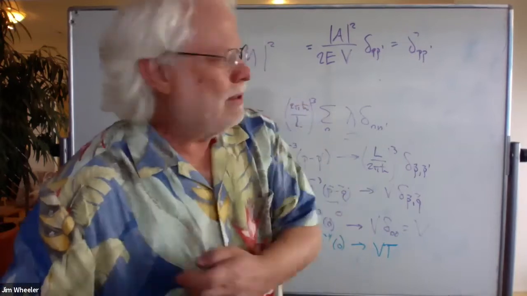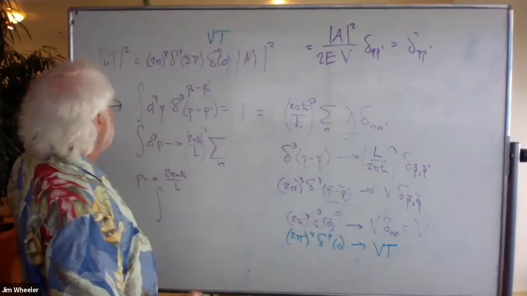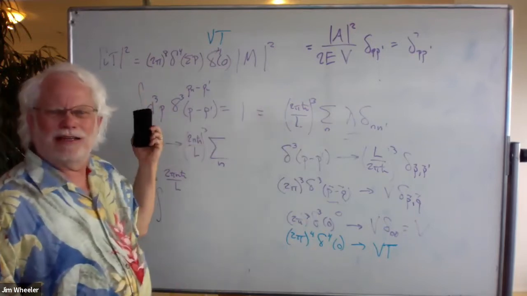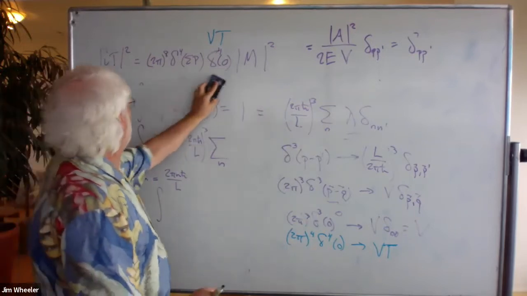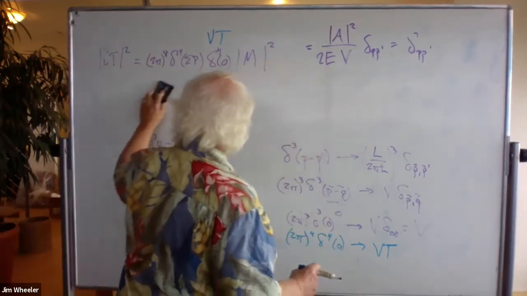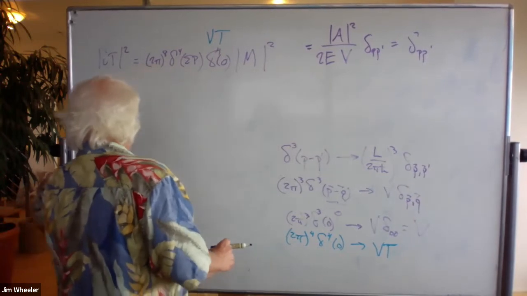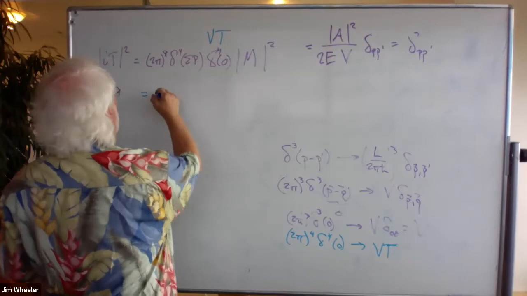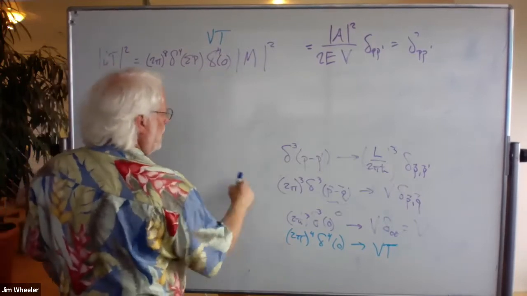Now, what happens to |T| squared? Okay, to erase some here. So now we've used 2π down here.